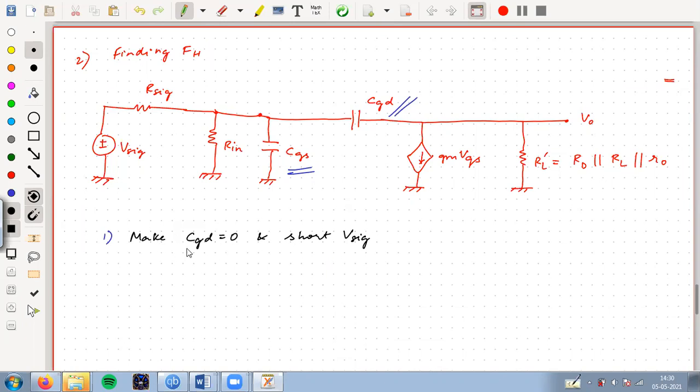So here I'm making CGD open circuit, and I'm shorting CGS.